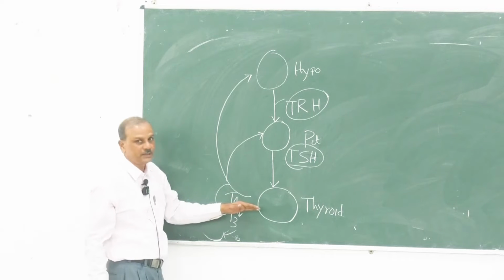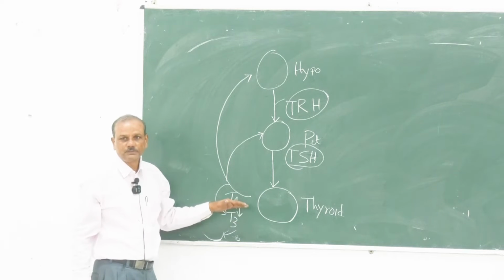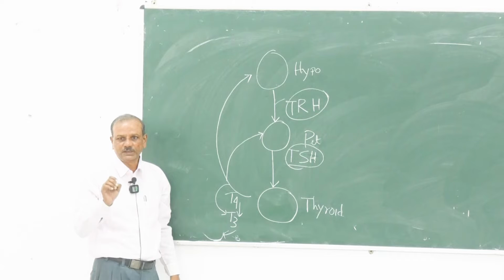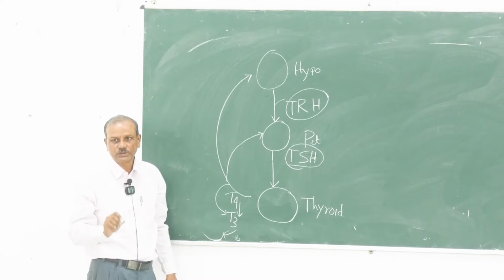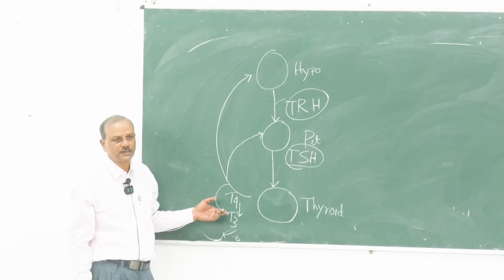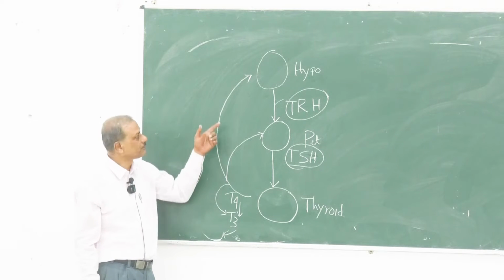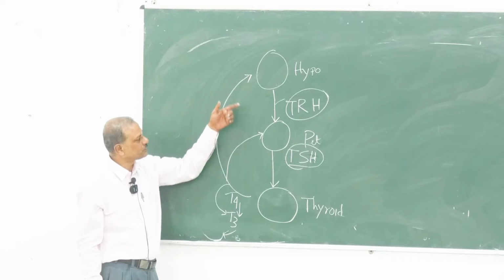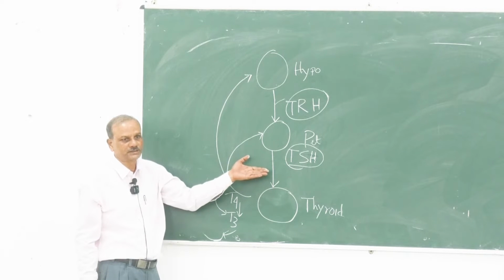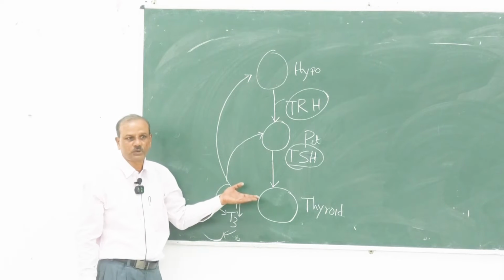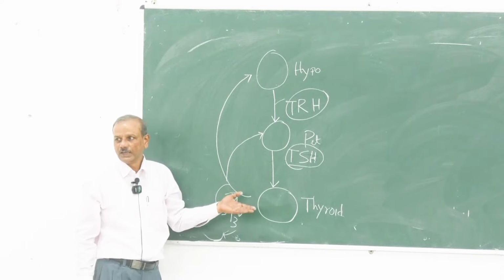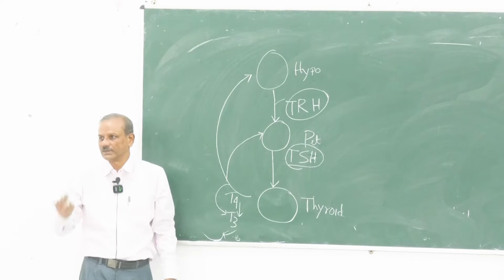So when the thyroid is hypofunctioning, that means less T3 and T4 is produced, so that exerts a stimulatory response on the hypothalamus and pituitary to produce more TSH, and this is the basis why TSH level is very high, and that is a compensatory stage.